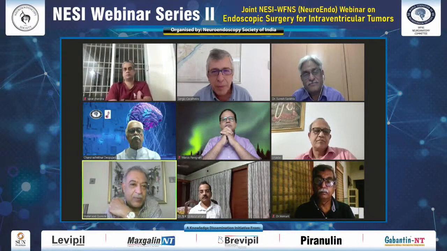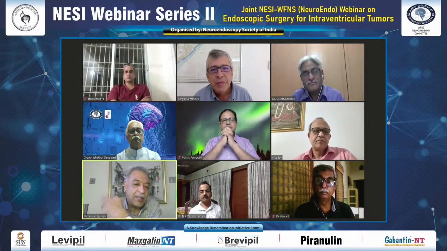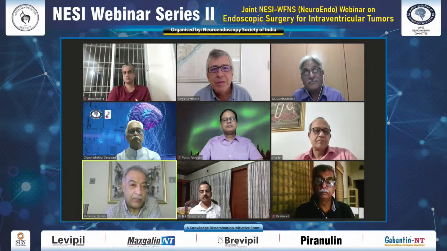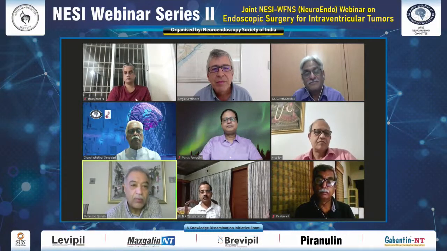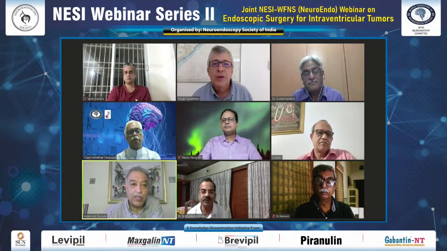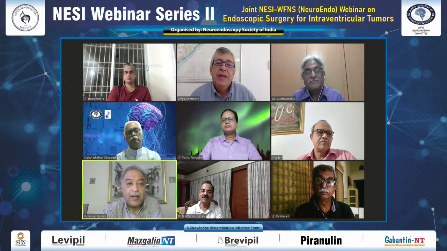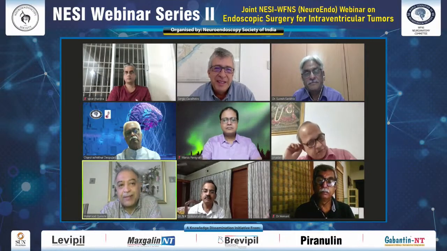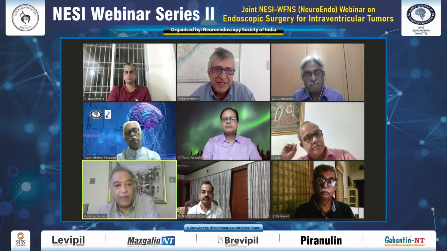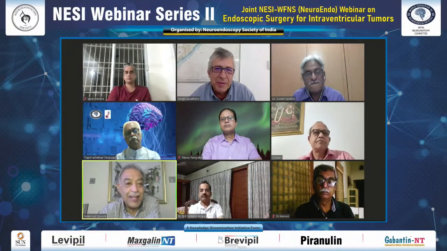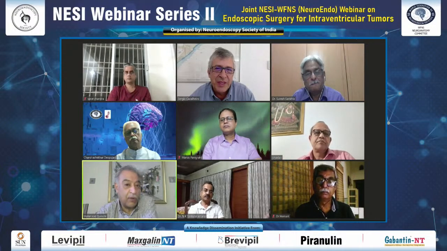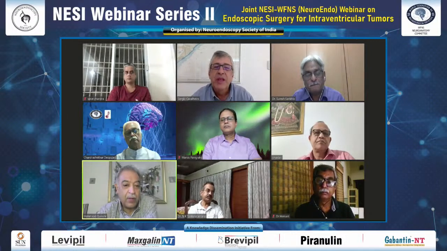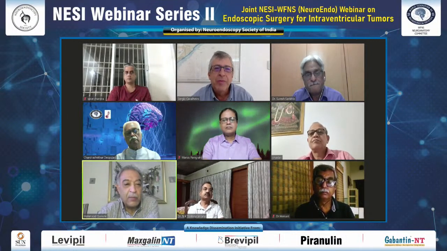I wonder whether you've evaluated either psychometrically or grossly during the endoscopy how often the fornix may get damaged, and therefore would it be justified, because of the numbers that you see, to use a microsurgical approach? Because you've had a huge number, you might want to comment on that.